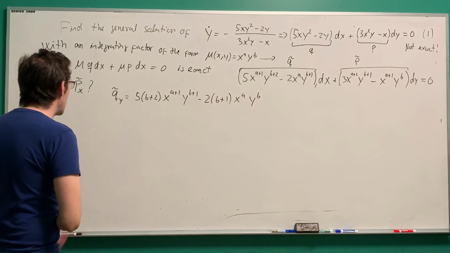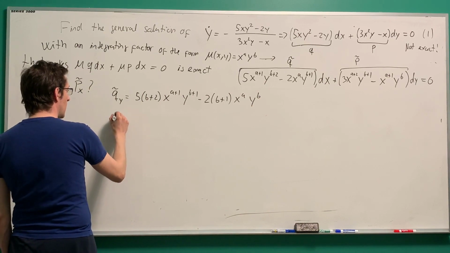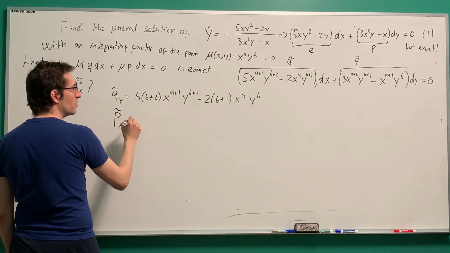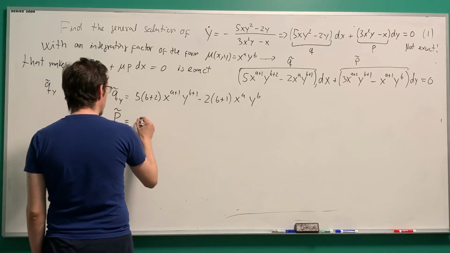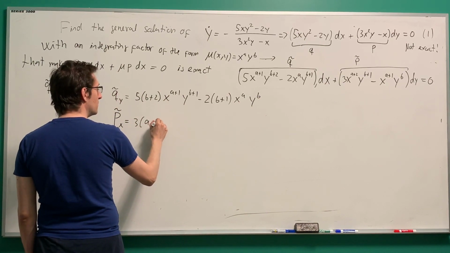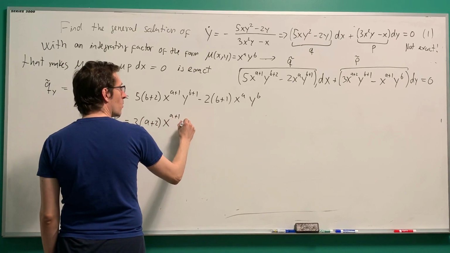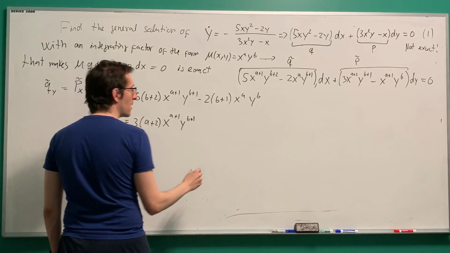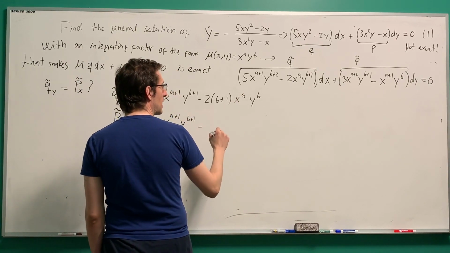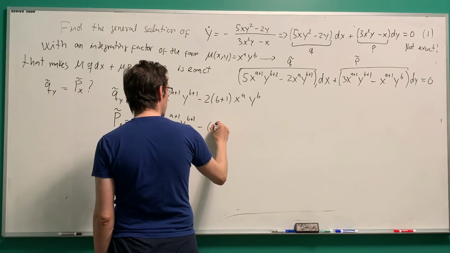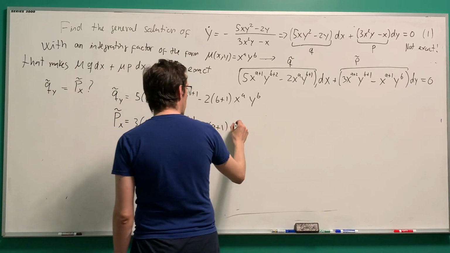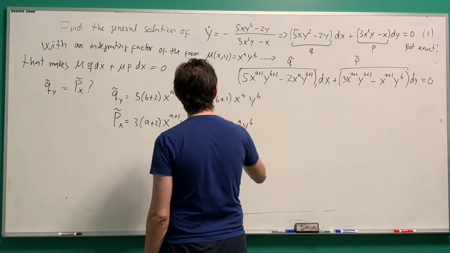All right, and then p tilde with respect to x would be equal to, now I get 3 times a plus 2, x to the a plus 1, y to the b plus 1, minus, and I get from this one an a plus 1, x to the a, y to the b.